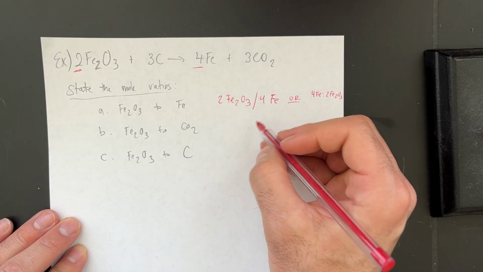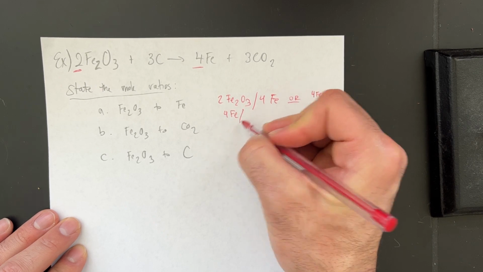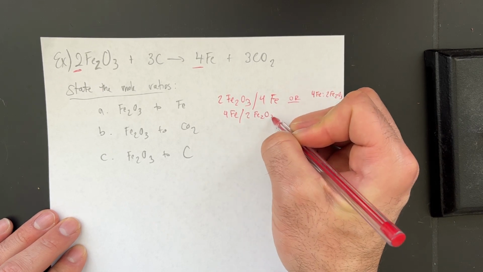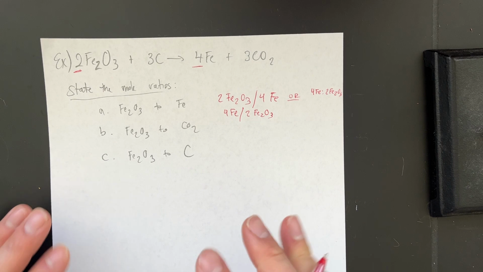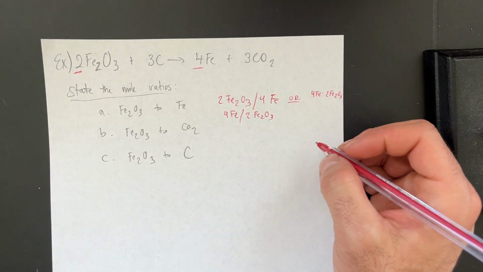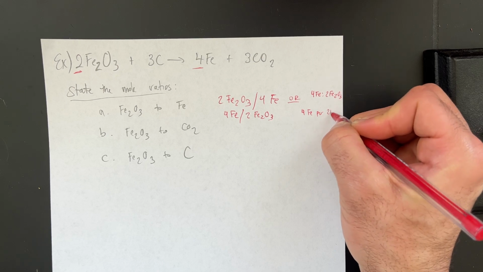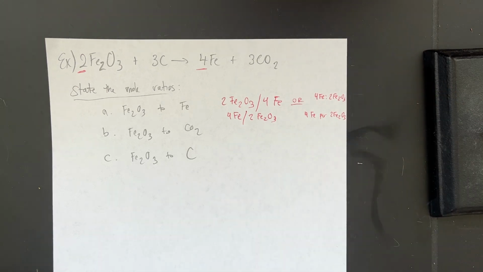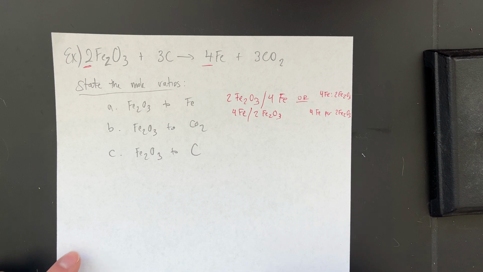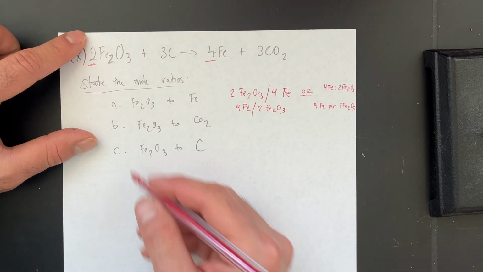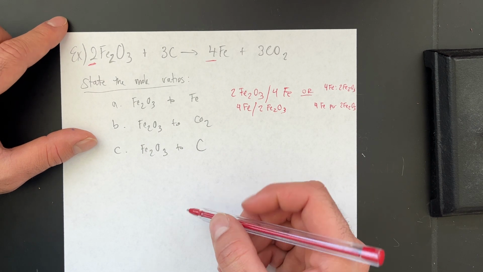There's no difference between these two things. You could reverse the order, it doesn't really matter. You could also say 4 Fes per 2 Fe2O3s. That would also be valid, just writing it out verbally. So all of these are mole ratios, and we get them from the coefficients of the balanced chemical equation.